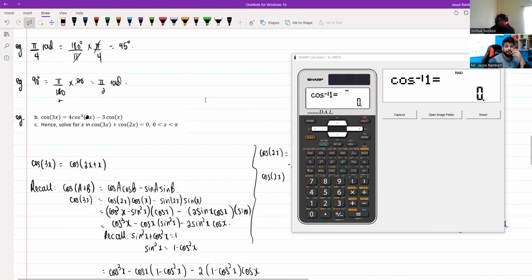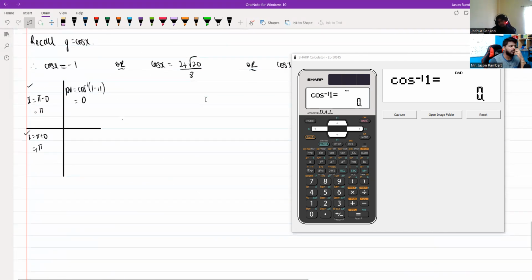So x cannot be pi. We can say that x is equal to pi is not in the domain. So we actually have no solutions for cosine x is equal to minus 1 for the given domain.